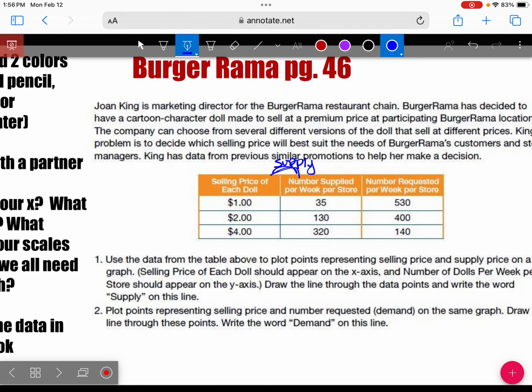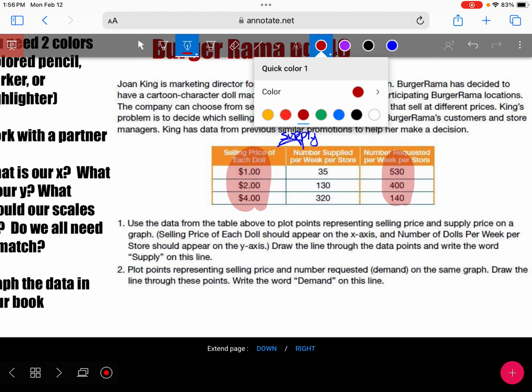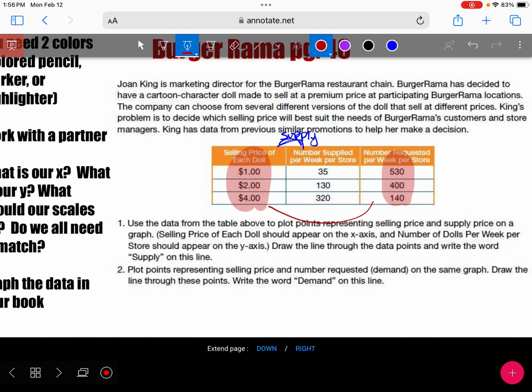When we're looking at our demand, what we're looking at are the number that are requested per store in relation to the price. So we're going to have to jump over that column to make our demand. So these two pieces are going to make our demand line.